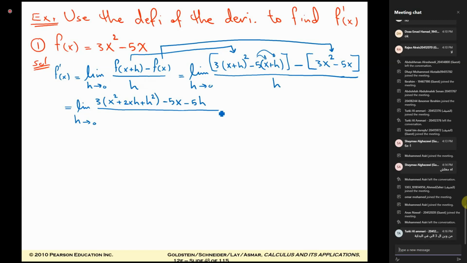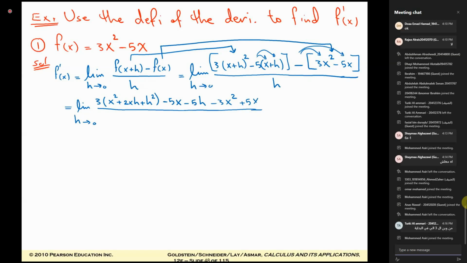Okay, now also we have minus 3x squared, and negative with negative, positive 5x. All of these over h. Continue the simplify by multiplying the 3 in the brackets.